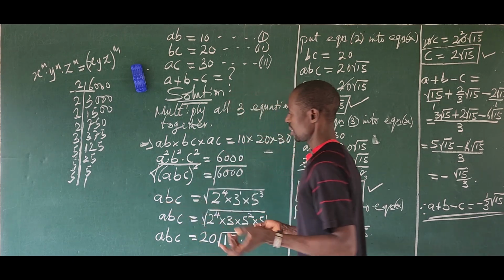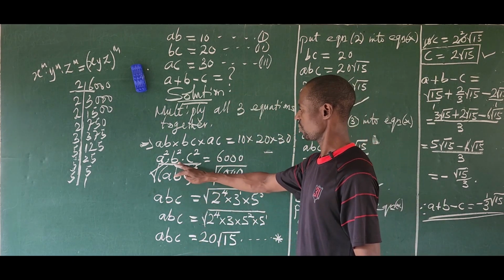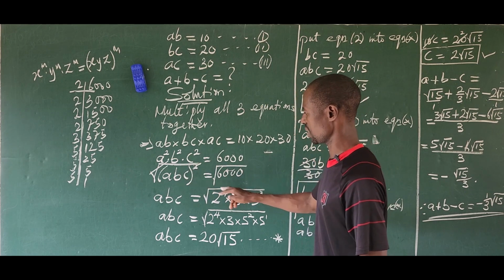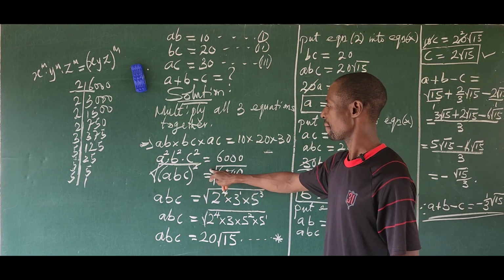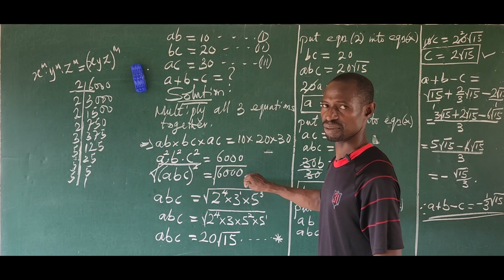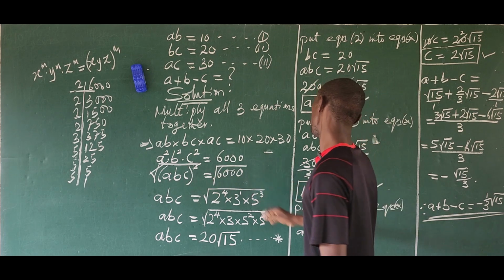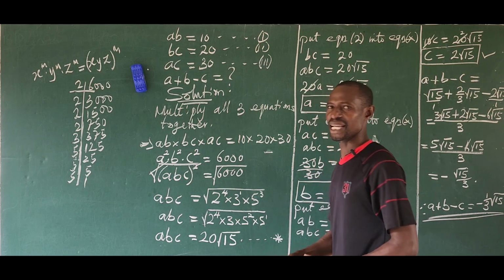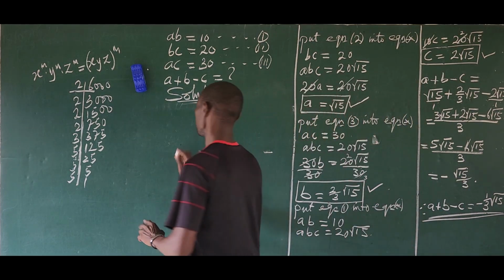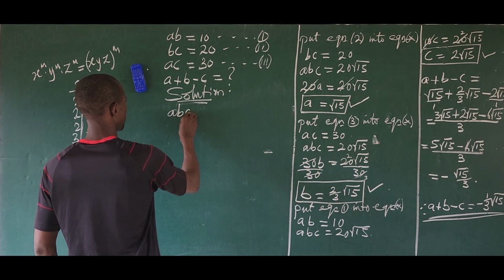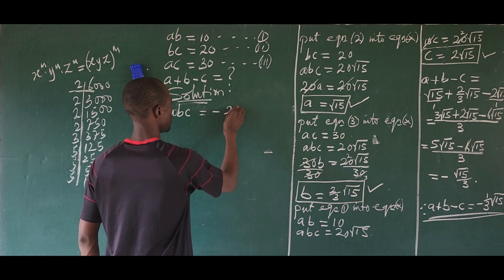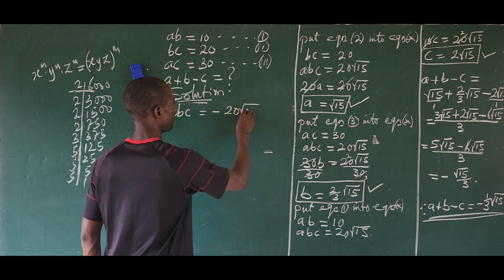But again, look at this. At the point where we took the square root of both sides of the equation, we're supposed to have plus or minus everything we have in here. So this is for the positive part of it. How do we get the negative part of it? It is obvious that our solver equation is going to give us A times B times C is equal to minus 20 root 15.